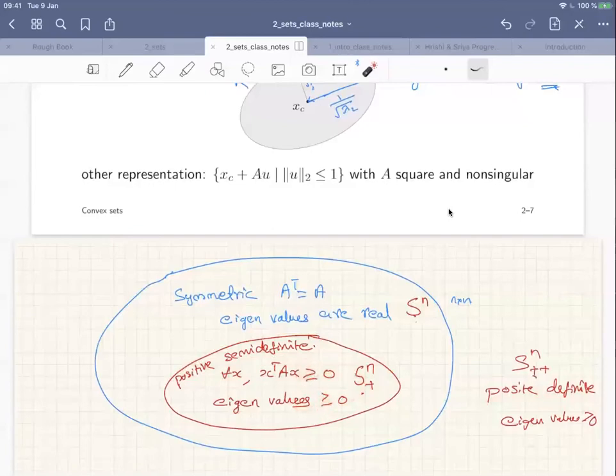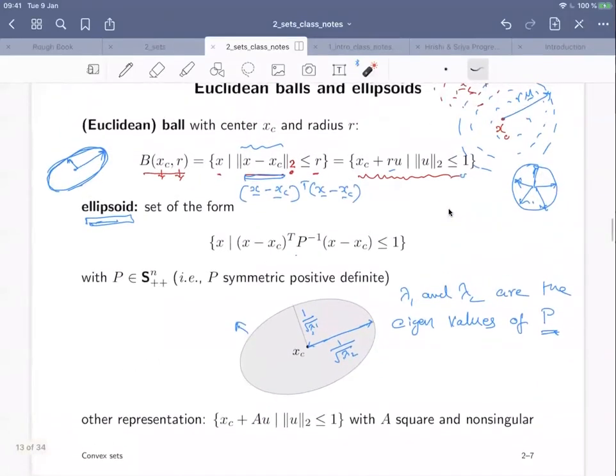Okay, so eigenvalues have to be greater than 0. We denote the positive definite matrix by Sn plus plus, to indicate that it is strictly positive. So when we define an ellipsoid, this matrix has to be strictly positive definite.